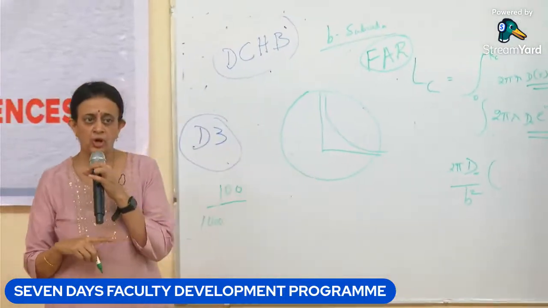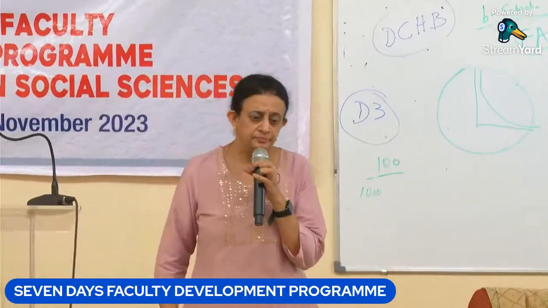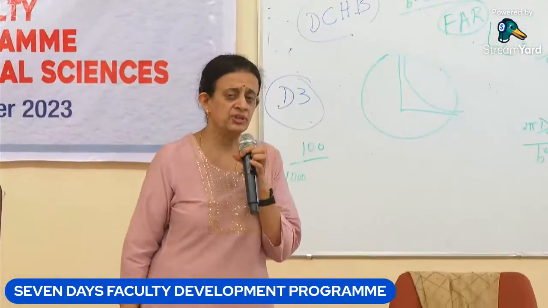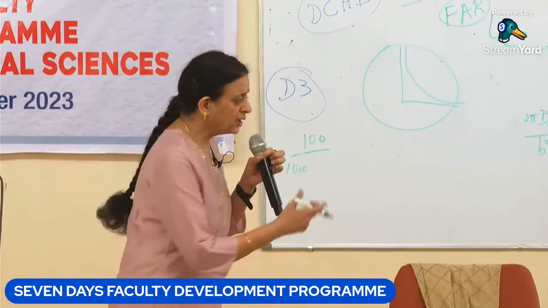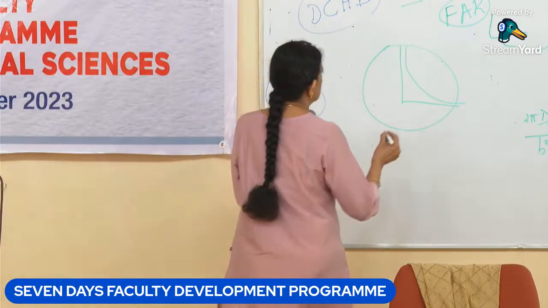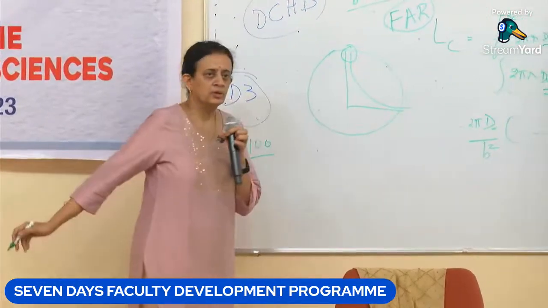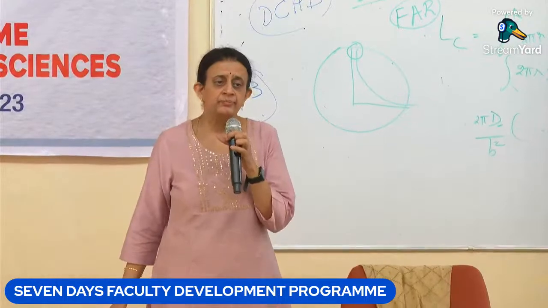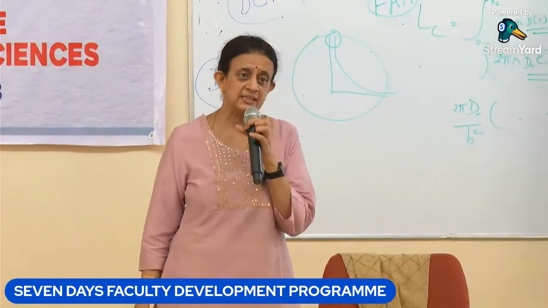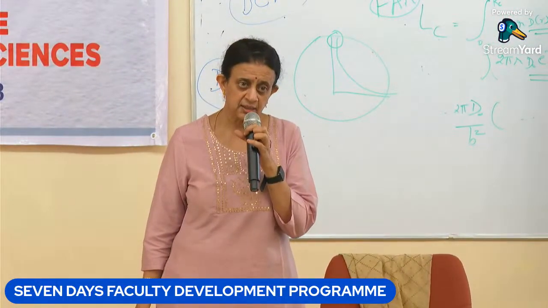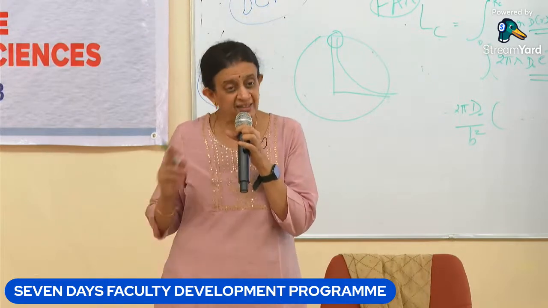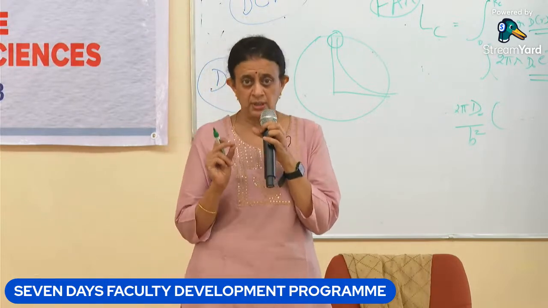This is the curve you saw, right? What does this show? The population density is the highest at the city center, correct? That is the standard urban model.